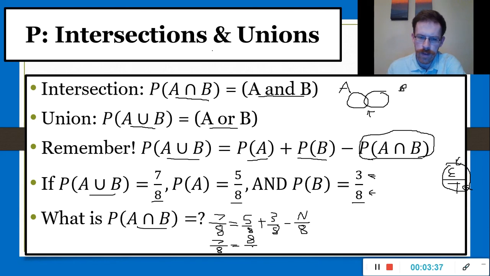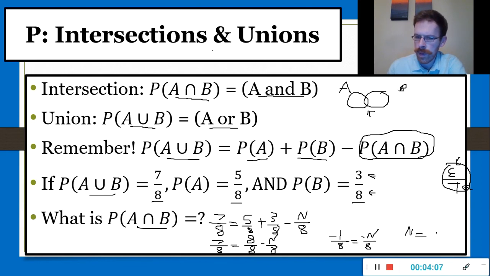Well, if we do the math, that means 7 over 8 is equal to 8 over 8, because 5 plus 3 is 8, minus n over 8. If you subtract 8 over 8 on both sides, that's going to give me a negative 1 over 8 is equal to a negative n over 8.